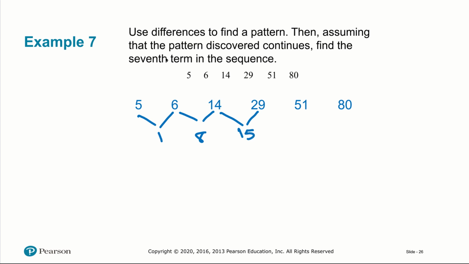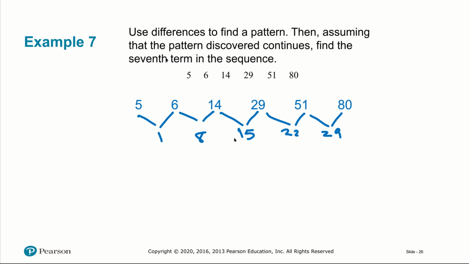15, 14 from 29. Between these two, 29 from 51, that's 22. And between these two, we notice that it's 29. So while the original sequence was not arithmetic, we notice that the sequence of differences is arithmetic with a common difference of what?